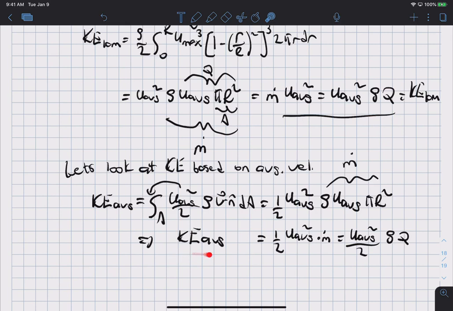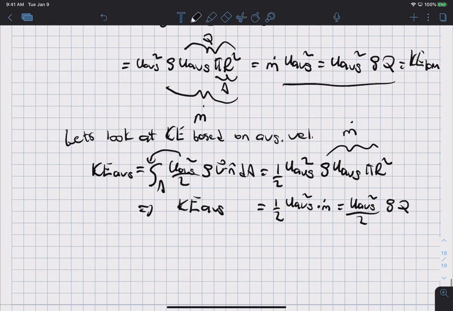But this formula here is just a lot easier to work with, because u average equals q over a. And so you typically know the volumetric flow rate. So basically this piece here is known fairly well, and you know the area.